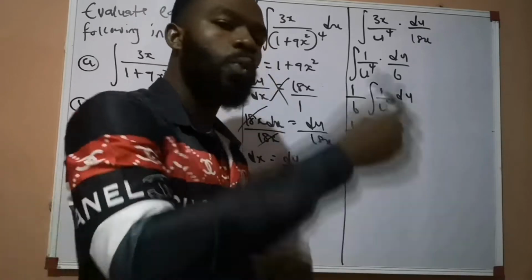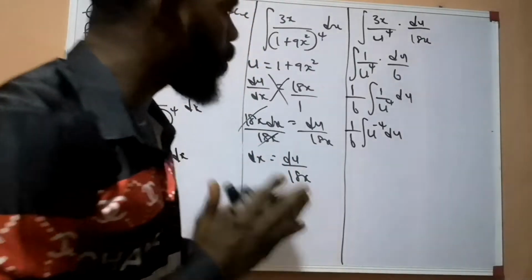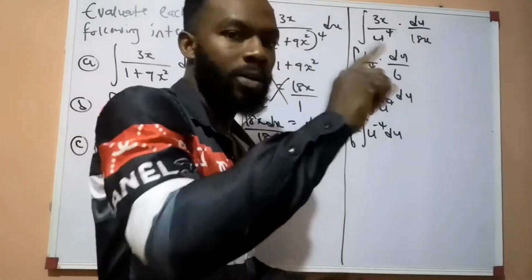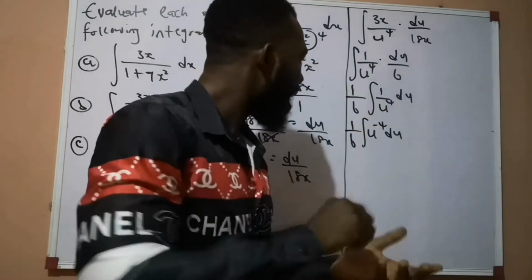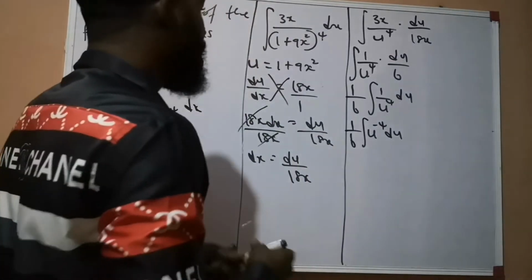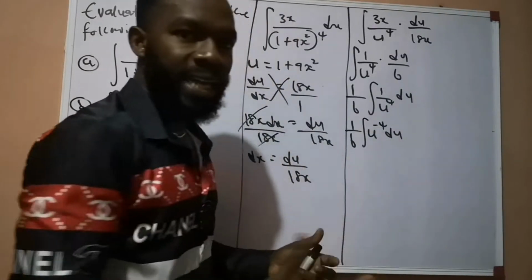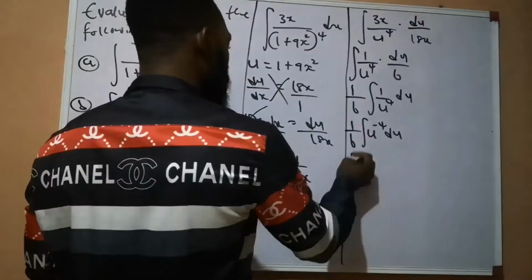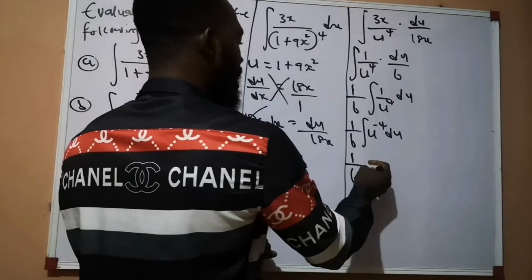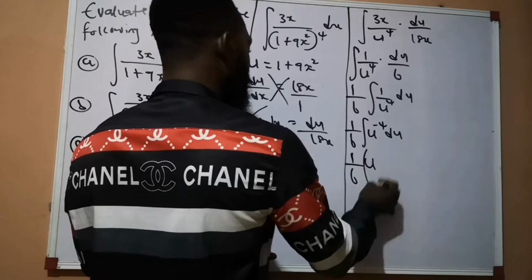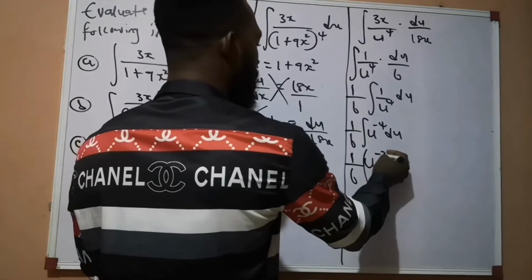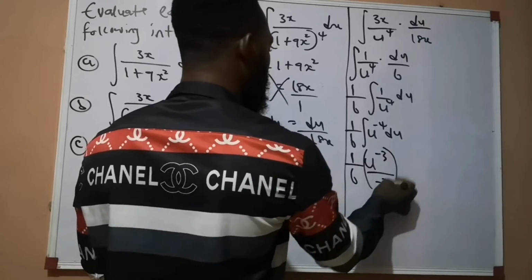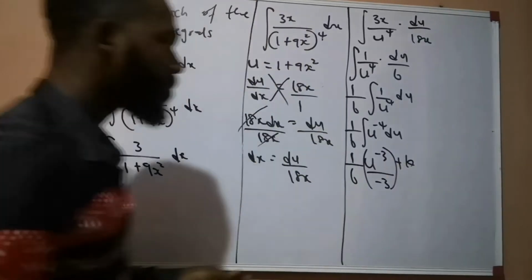So at this point, we are going to integrate. Don't forget we said when we are integrating, you add 1 to your power. Don't forget that from the beginning of the class. If I have minus 4 and I add 1, it becomes minus 3. So here becomes 1 over 6, then into the bracket of u raised to the power of minus 3 over minus 3 plus k.